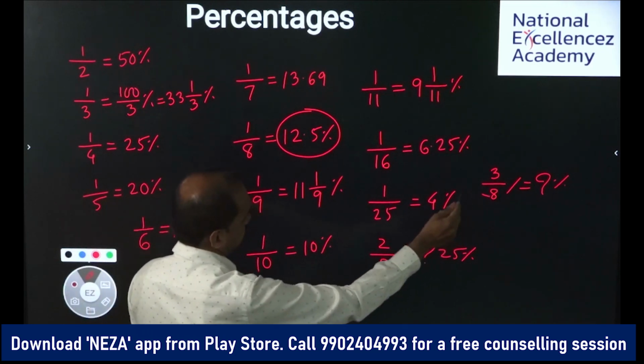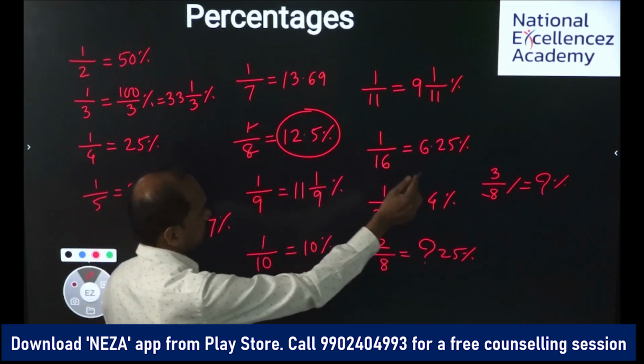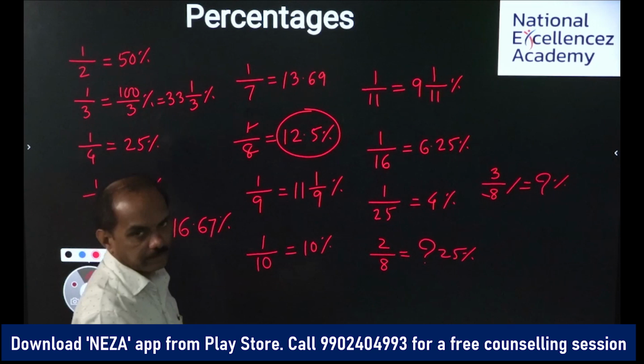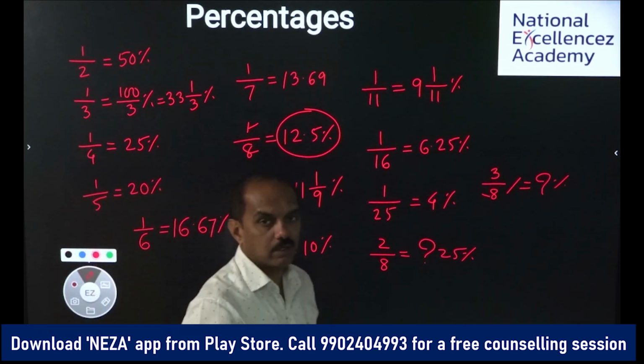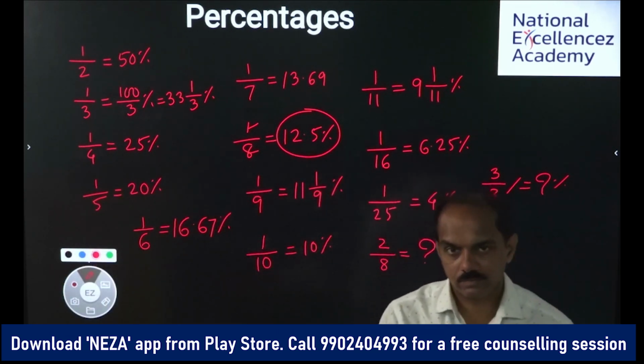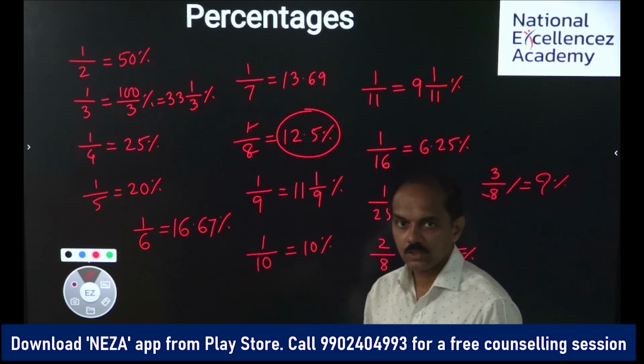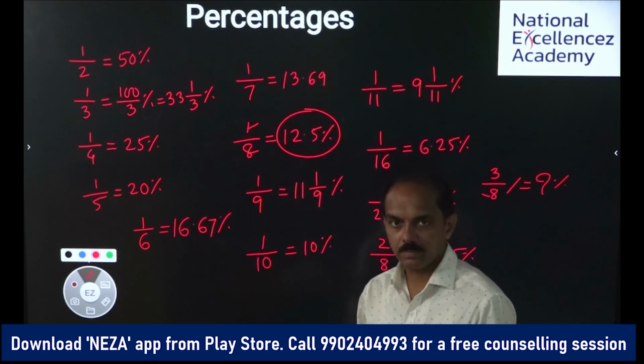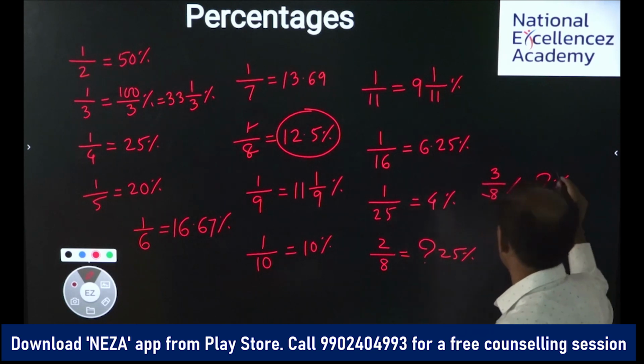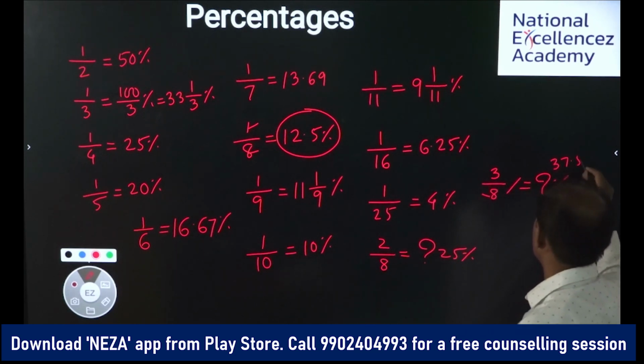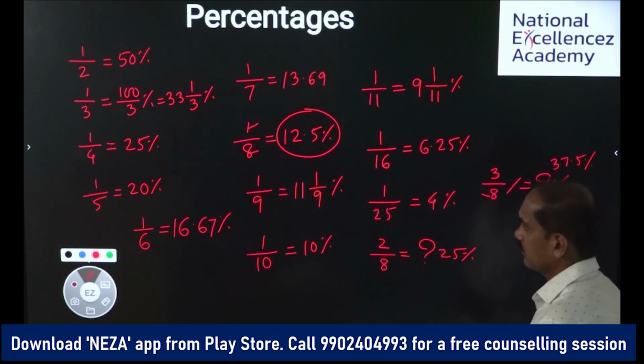Base is 8, 1 has become 3, meaning 3 times. 12 and half, 12 and half, 12 and half. Total 12 and half plus 12 and half is 25, plus 12 and half, 37.5%. Right?